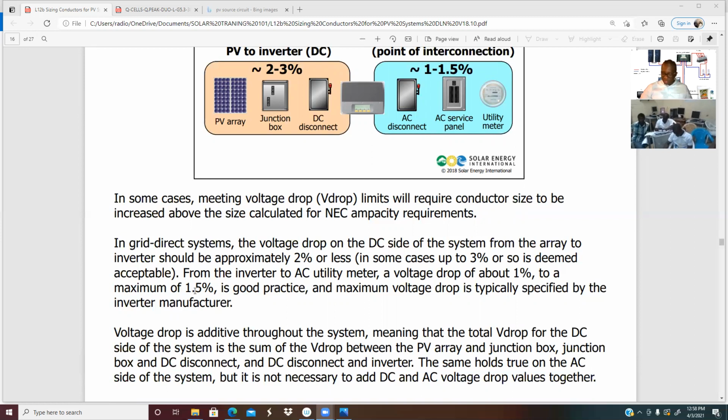So if you did your PV installation and the system has a voltage drop of 5%, 6%, 10%, the customer may not know what's going on. But if for any reason another technician comes there and tells that person, you are losing a lot of current, what happens to your work?